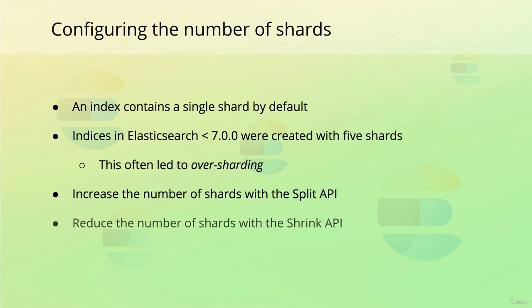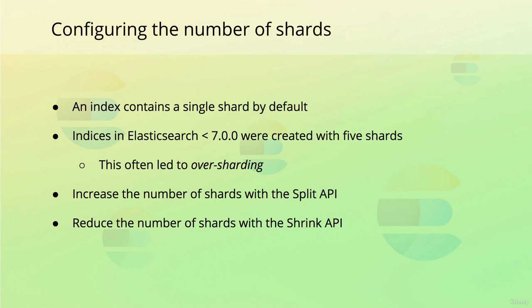To go the other way, i.e. to reduce the number of shards, there is a shrink API that does this for us. These are both topics for later in the course, but for now I just want you to know that the default number of shards for an index is 1, and that this can be changed if need be.